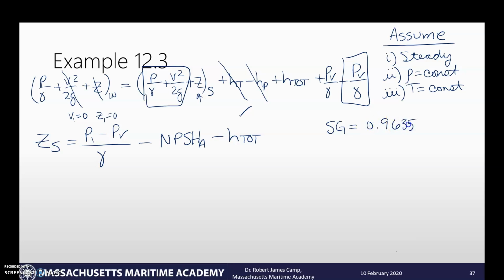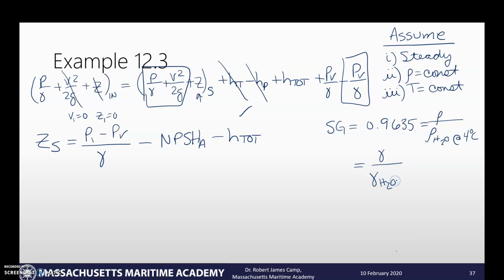Specific gravity is the density of the fluid over the density of water at 4 degrees C. In the English system, that density would be in slugs per cubic foot, but multiplying by gravity gives us specific weight.